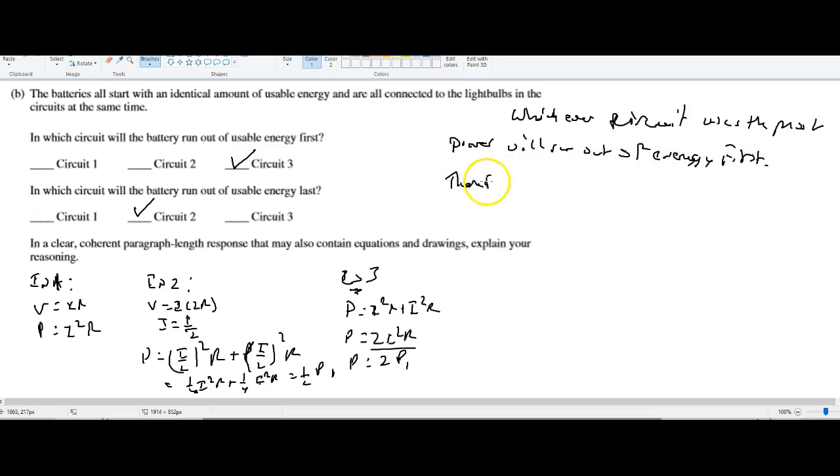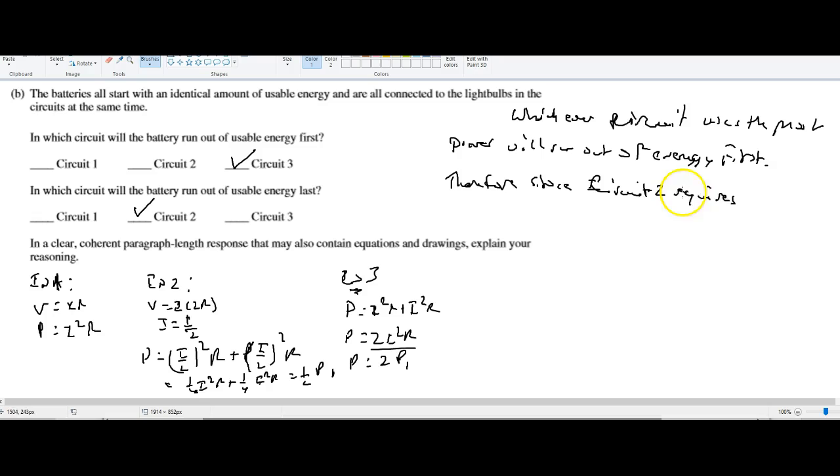Therefore, since circuit 2 requires... the wrong word. Oh, you can put one line through it and skip the word.